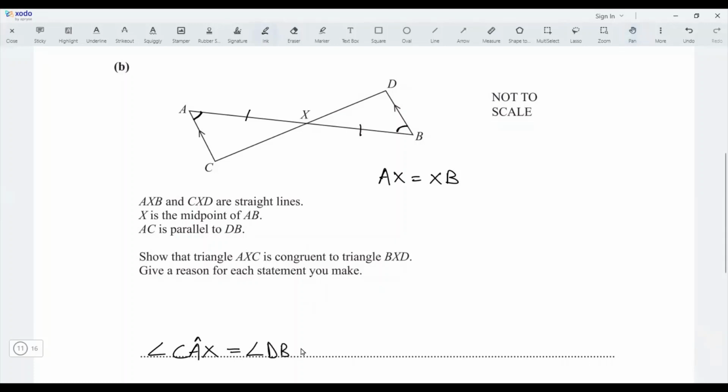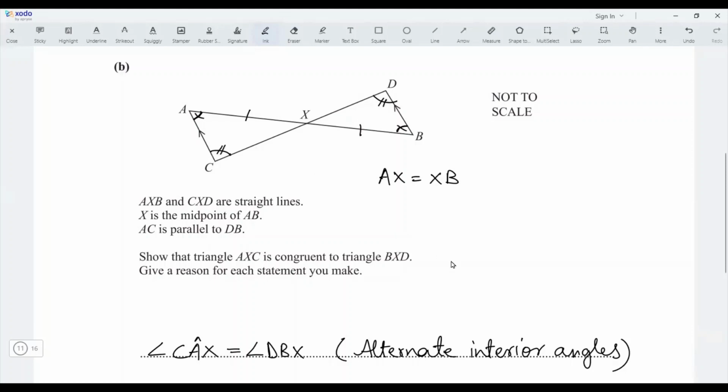So these two angles are equal, and we can write down the reason. It is basically the alternate interior angle property. What about the next angle? The other angles have the same thing. This angle must be equal to this angle through the same property, the alternate interior angle property.